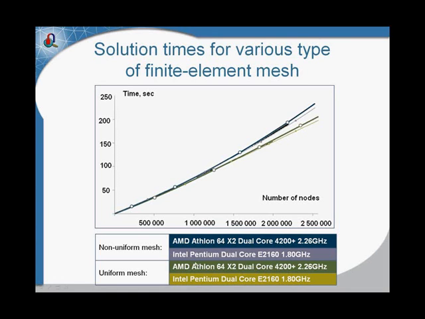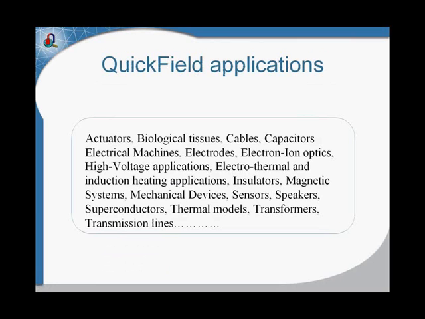You see the characteristics here below the picture, and you see that several minutes are usually enough for the calculation. As you see, this makes QuickField a very powerful and versatile tool for a variety of industrial, scientific and educational applications.